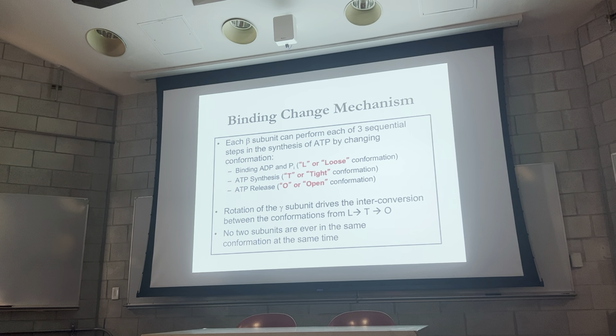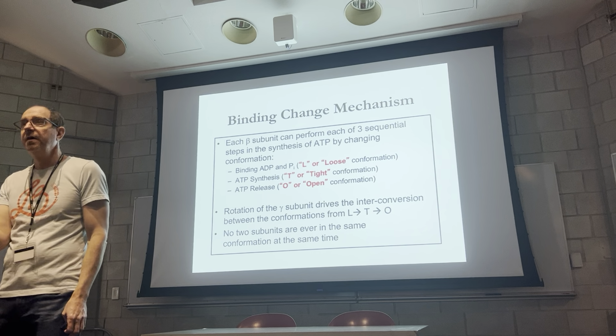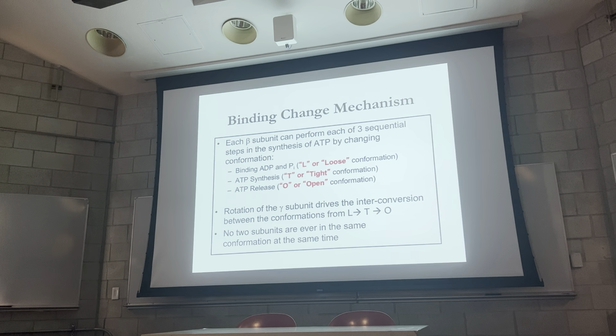In that model, the three, I made a mistake. It's the beta subunits that have catalytic activity, my bad. The three different beta subunits are going to exist in three different conformations depending on their interaction with the three faces of the gamma stalk.